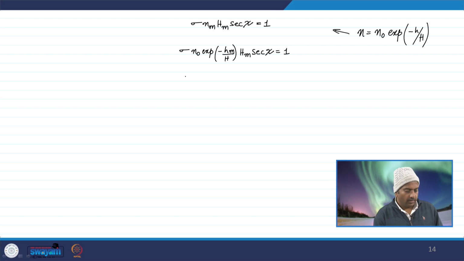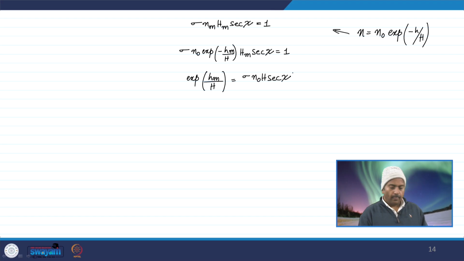So, we can write it as, from this we can write exponential hm by capital H is sigma n naught H secant chi. Okay. Just some simple algebra, so we call it as equation number A.